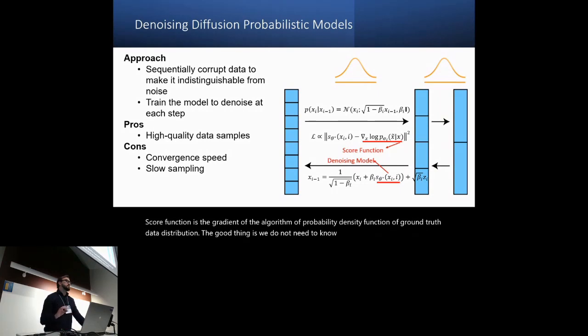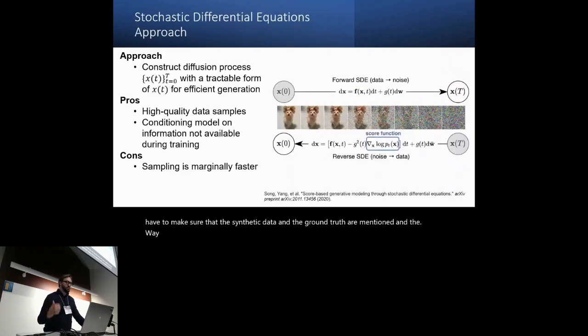We only have to make sure that the synthetic data and the ground truth are matching. And the way to formalize it further was the stochastic differential equation approach, where we construct the diffusion process that is with the tractable SDE, and we speed up the generation of the noisy data.